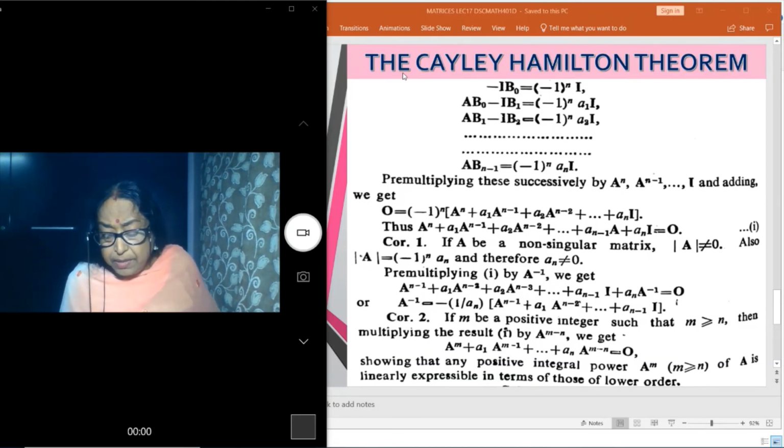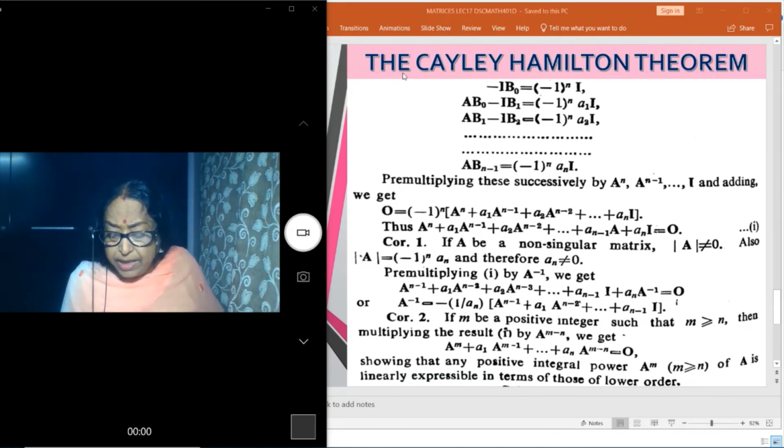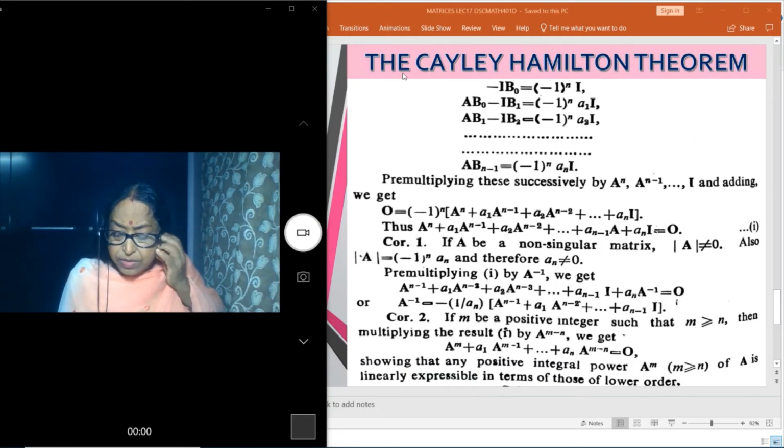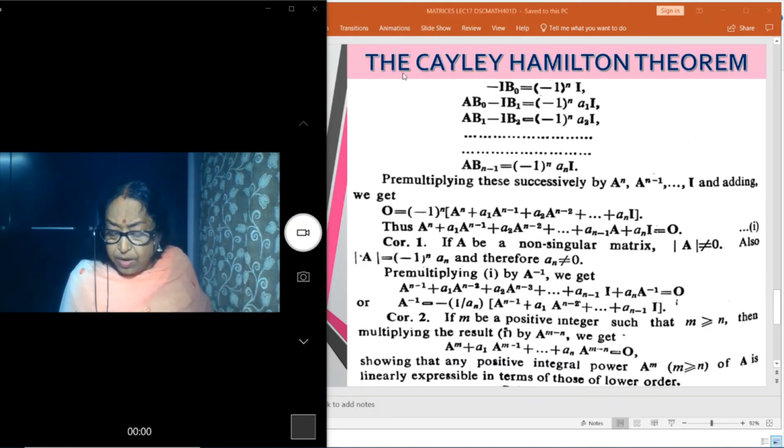If I multiply the first equation with A^n, it will become A^n B0 on the left and on the right hand side we get (minus 1)^n A^n into I, and so on.